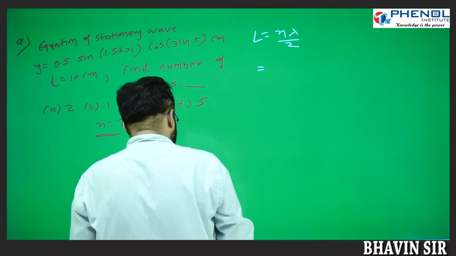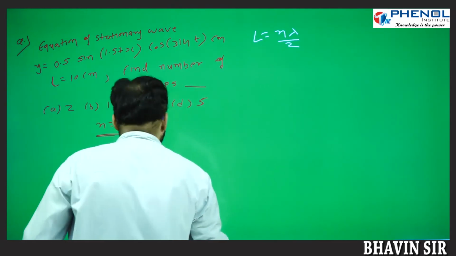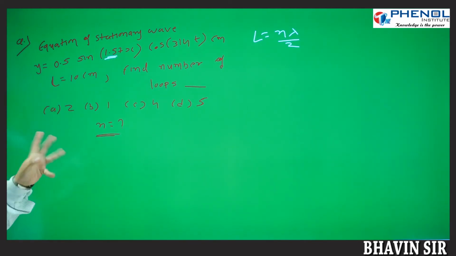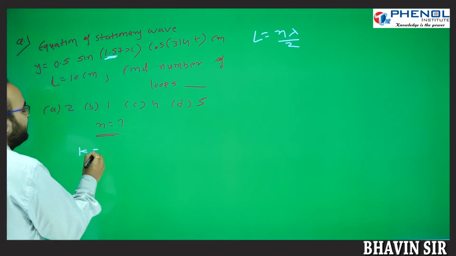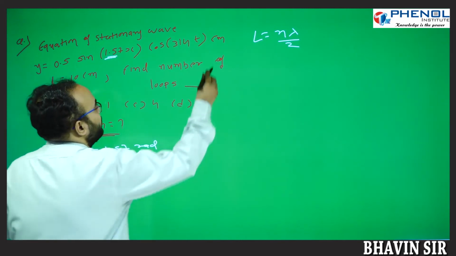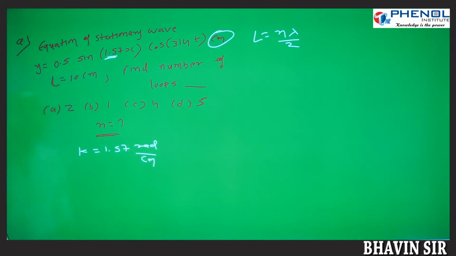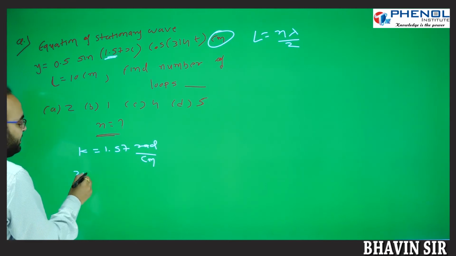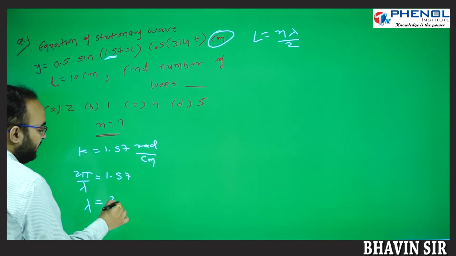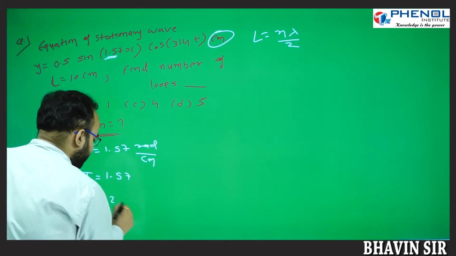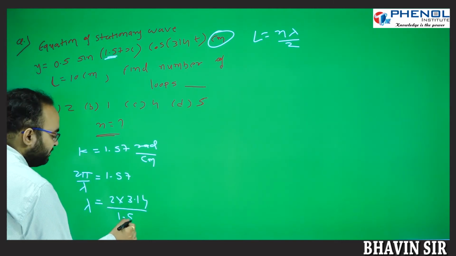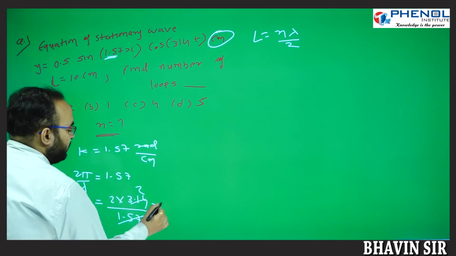So if you first find the wavelength, how to find wavelength from k, and what is k? 1.57. The coefficient of x is k, so k is 1.57 and the unit is radian per centimeter, because all are in centimeter. So k is equal to 2 pi by lambda. So 2 pi means 3.14, taking lambda as the subject, divide by 1.57, so 2 into 2, 4.